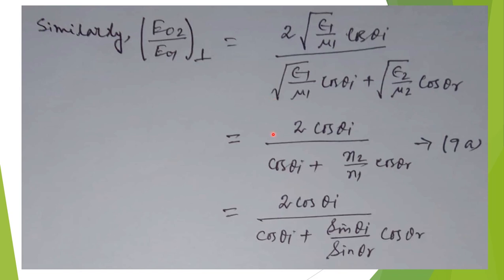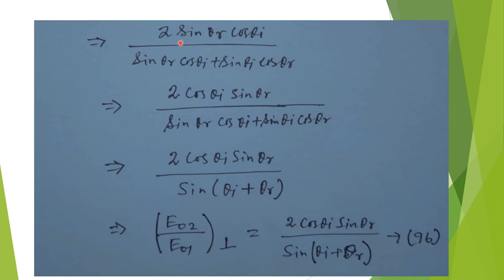Similarly, for E0t/E0i in the perpendicular direction, it equals 2√(ε1/μ1) cos θi divided by the corresponding denominator. Substituting μ1 = μ2 = μ0 and dividing numerator and denominator by √ε1, we find 2 cos θi / (cos θi + (n2/n1) cos θt). Again from Snell's law, n2/n1 = sin θi / sin θt.